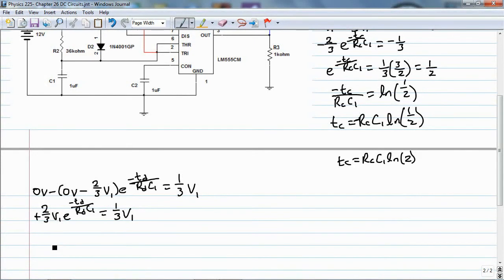My V1s are going to go away, and I can bring the 2/3 over to the other side. So I'll get e to the negative t discharge over RDC1 is equal to 1/3 times 3/2, which equals 1/2.